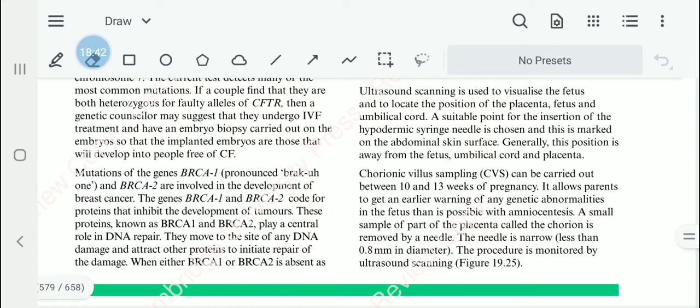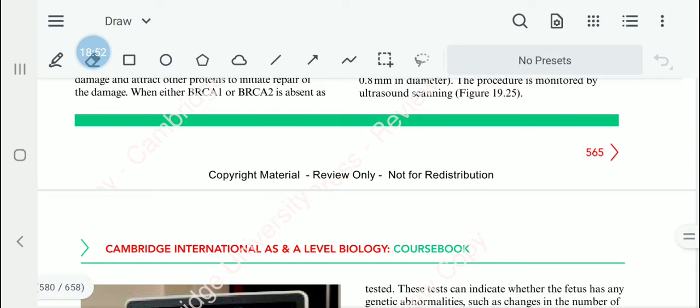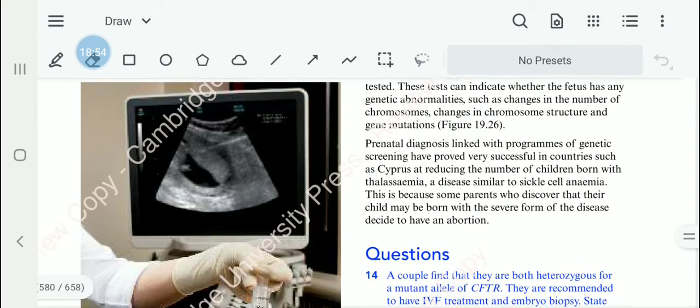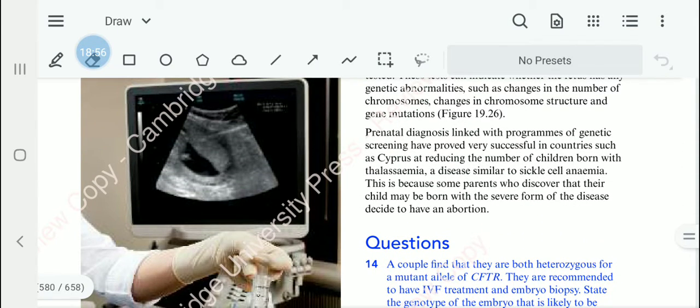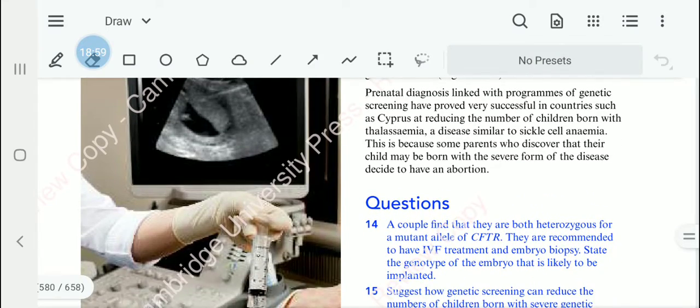Both these processes are monitored by ultrasound scanning to make sure no harm is done to the fetus.